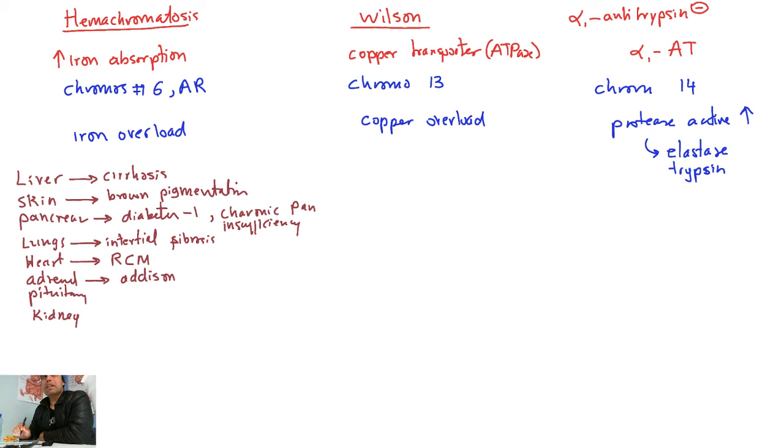A for Addison's, A for adrenal cortical failure. Write it down next to it. That's 1A. Adrenal cortical failure. Also write that all cortical layers are destroyed in Addison's. All three layers. A for all layers.